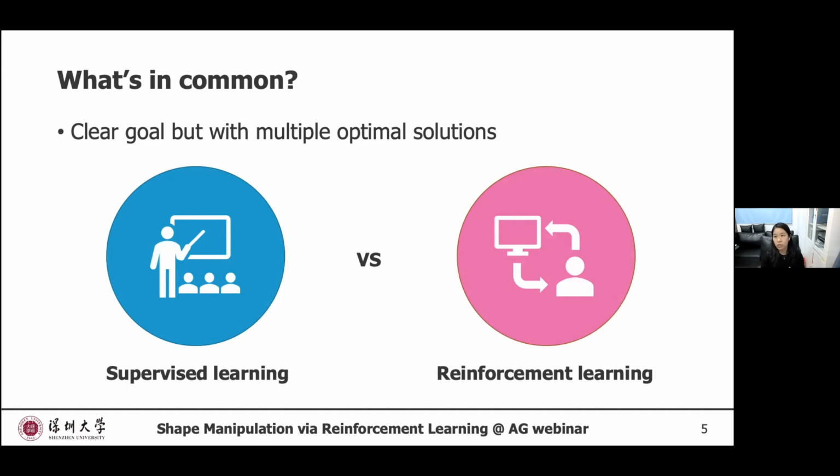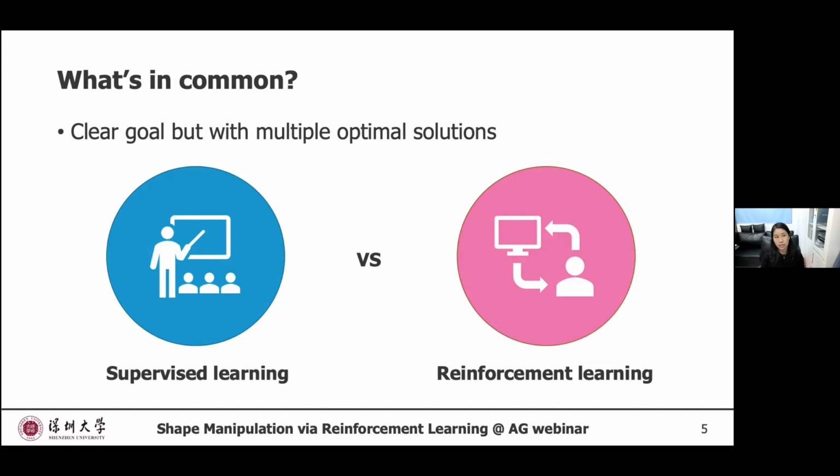But when you know how to evaluate, how to measure whether a solution is good or not, then you can use reinforcement learning to train a policy to find maybe the shortest path to any good solution.